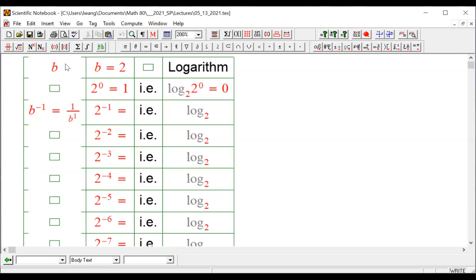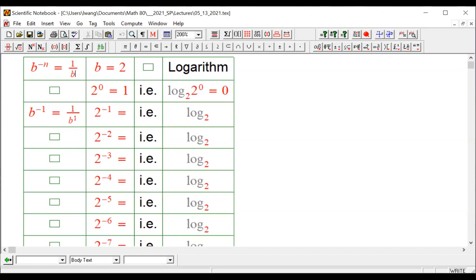Okay, we have a general formula. b to the power of -n is equal to 1 over b to the power of n. Of course, b to the power 0 is 1 when b is not equal to 0, and in our case here, let's just use 2 to the power 0.